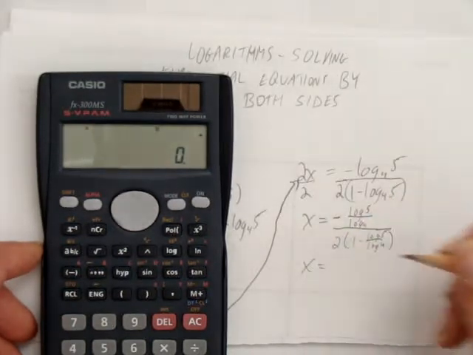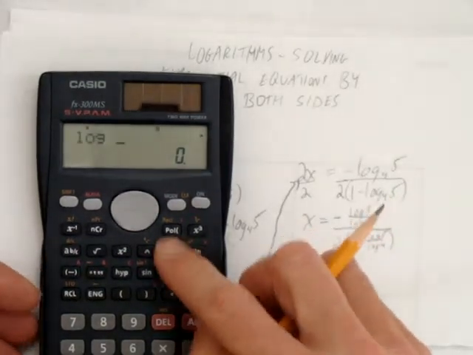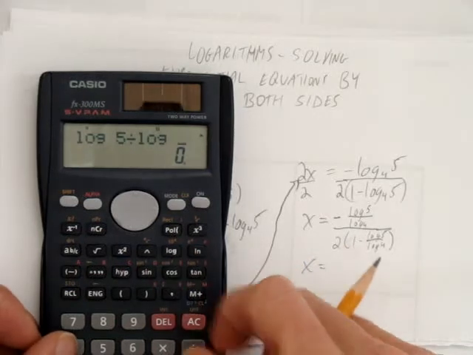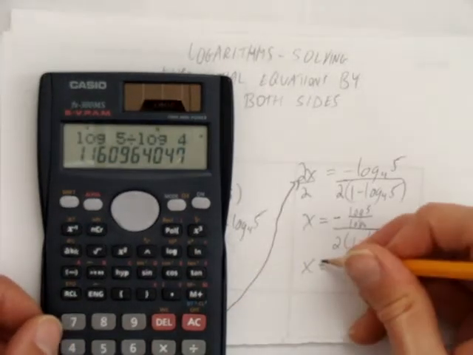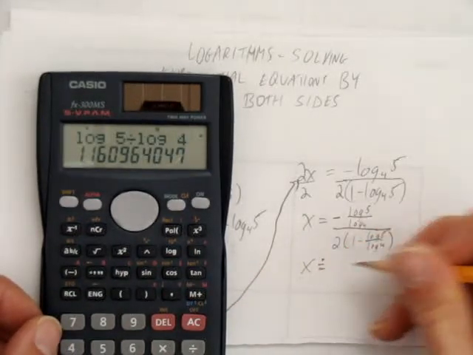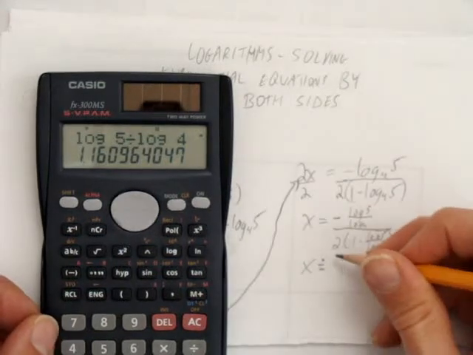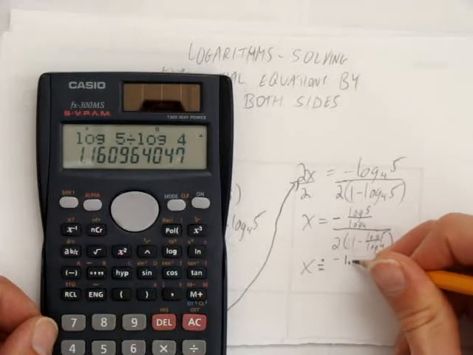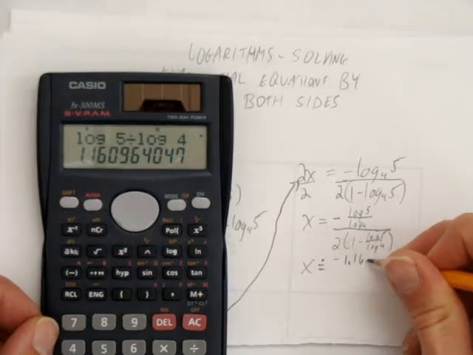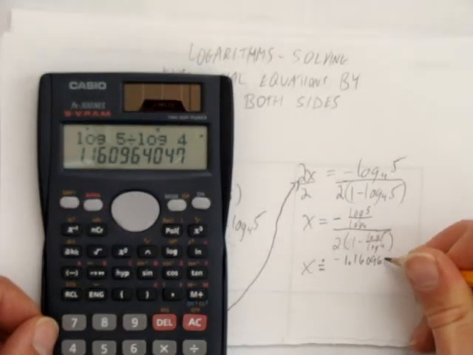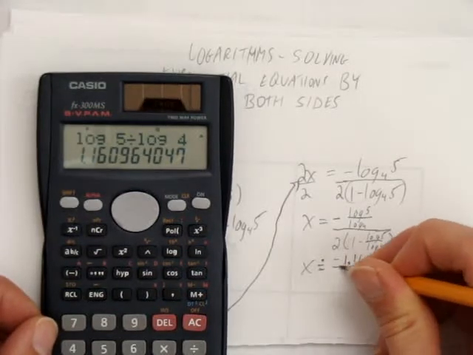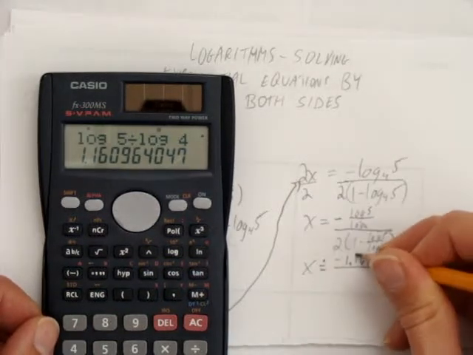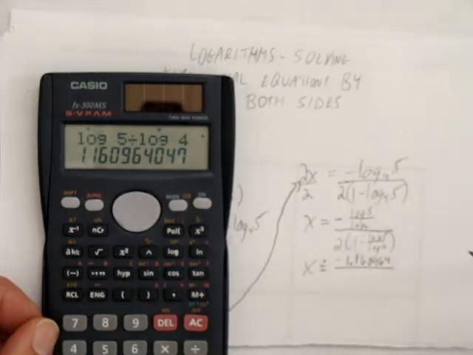Alright, so x equals log 5 divided by log 4, and I better put brackets around it as I'm about to round. I get approximately negative 1.1609. I'm going to keep more decimals in the middle than I will at the end. I plan to round to 3 decimals, so I'm keeping 6 around for now.